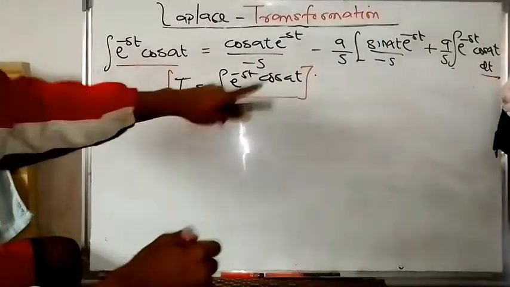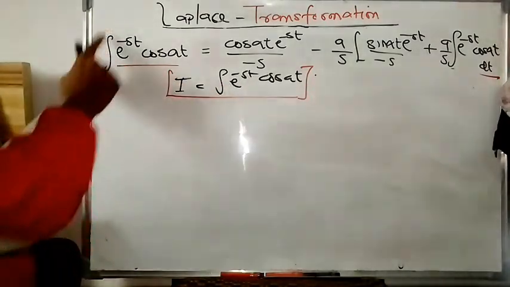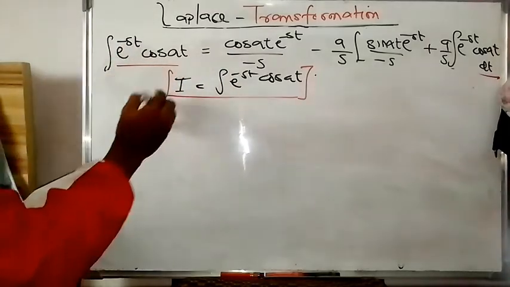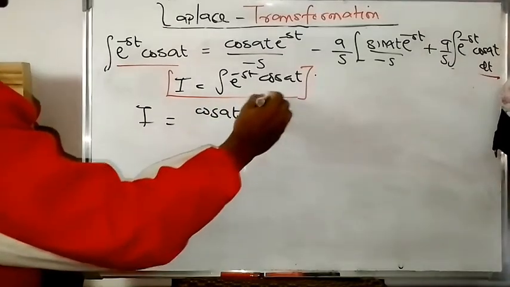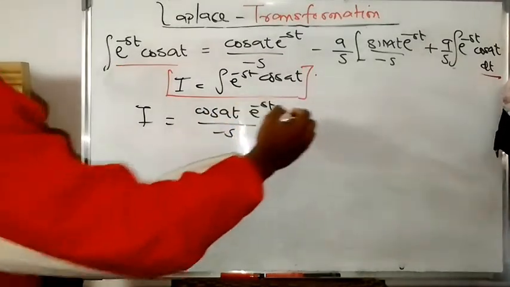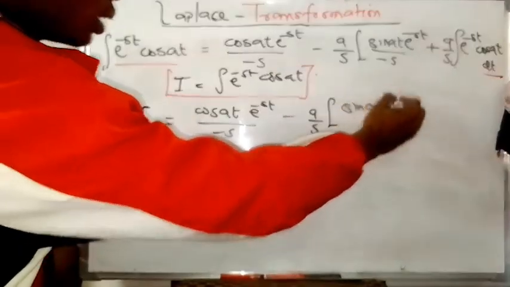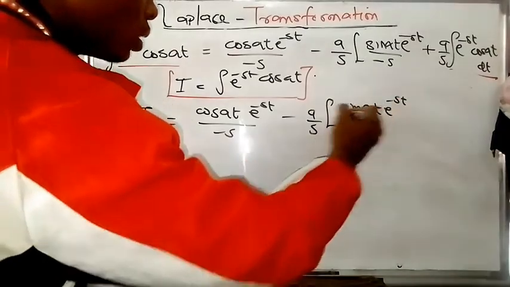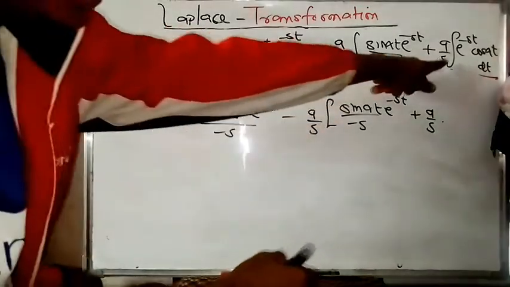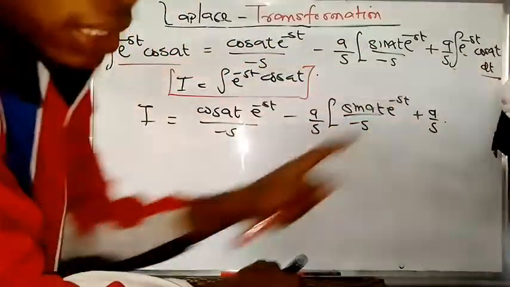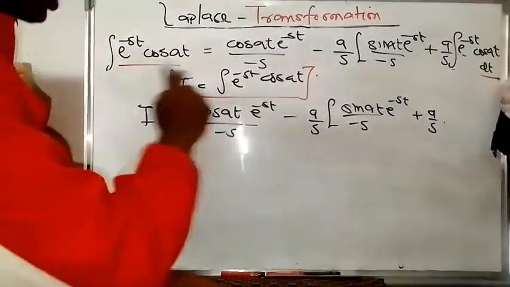So I replace it into the integral of exponential minus st cos at. So I is equal to cos at exponential minus st divided by minus s, minus a divided by s, open bracket, sine at exponential minus st divided by minus s plus a divided by s. Now you see we are having the integral of exponential minus st cos at dt right here also, right? So you are going to replace it with this. So replacing it with I, we have I.